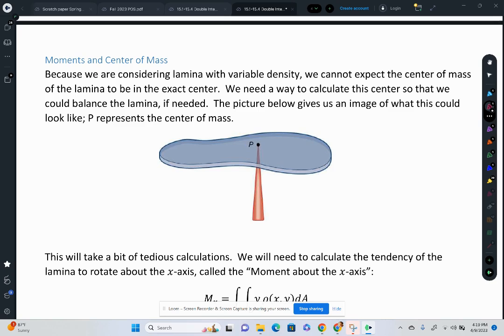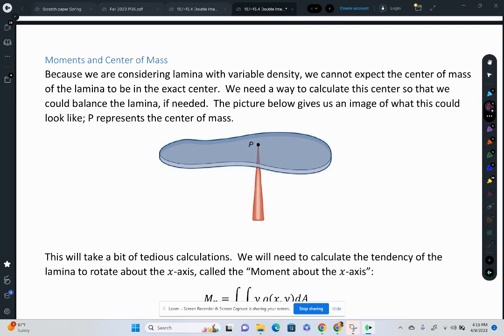It's able to lean and not fall over because its center of mass is not quite where it should be. That's based on the way it was built and the lay of the land and everything. But there are outside factors that affect where the center of mass is in any sort of lamina, whether that lamina be 2D, 3D, or whatever. So we need a way to calculate this center so that we could balance the lamina.